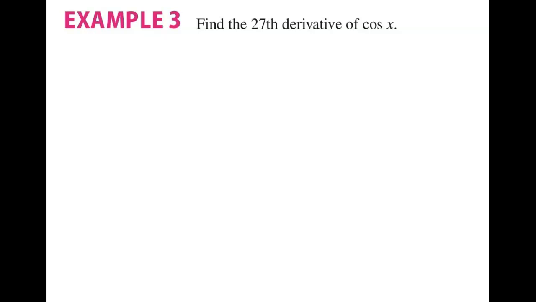Okay, find the 27th derivative of cosine. Any guesses? Well, we know that the first derivative of cosine is negative sine, right?